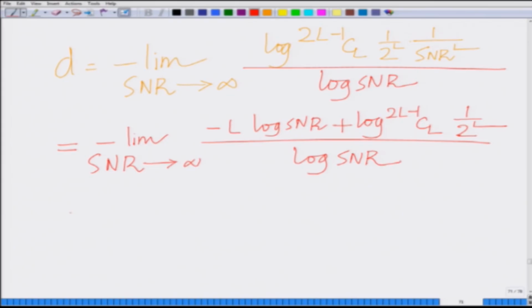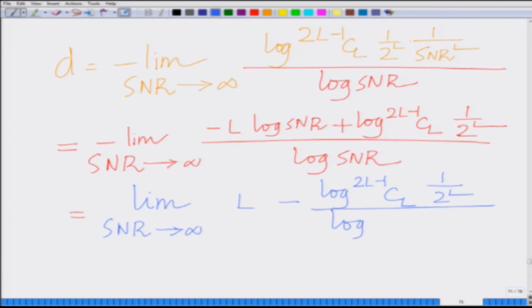Now, bringing the negative side inside, this is equal to limit SNR tending to infinity, L log SNR divided by log SNR, that gives L minus log of (2L minus 1 choose L) into 1 over 2 raised to the power of L divided by log of SNR.